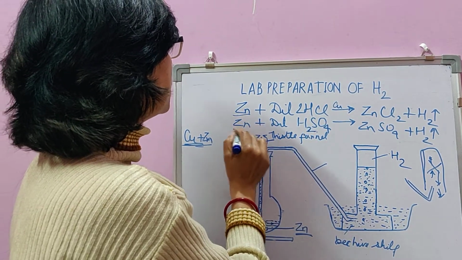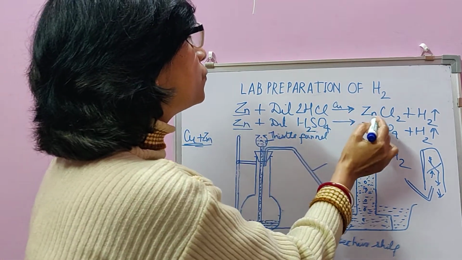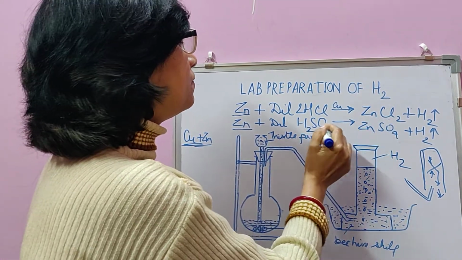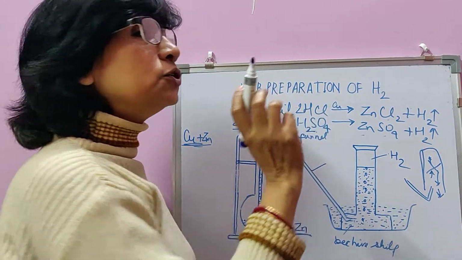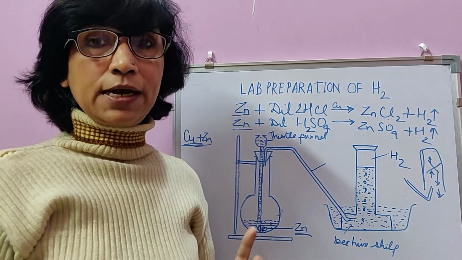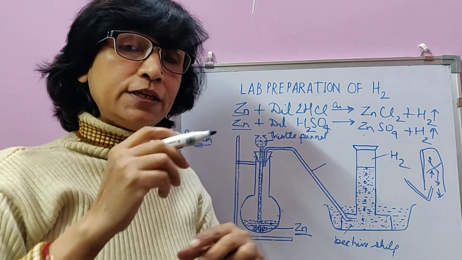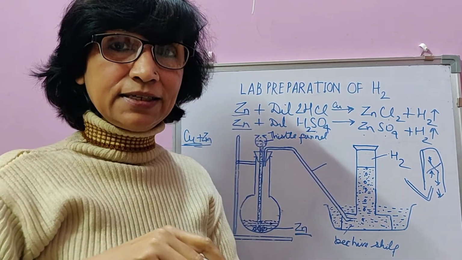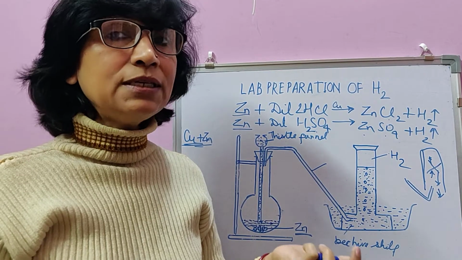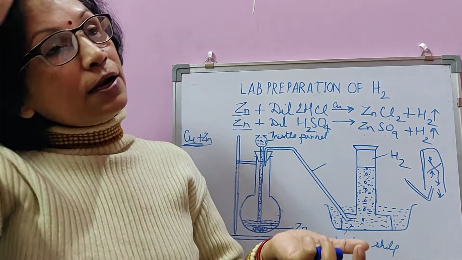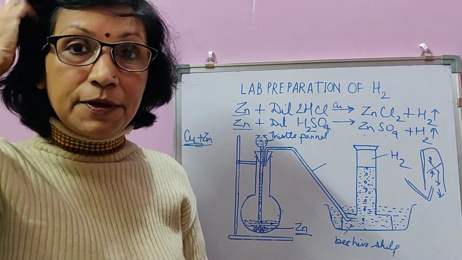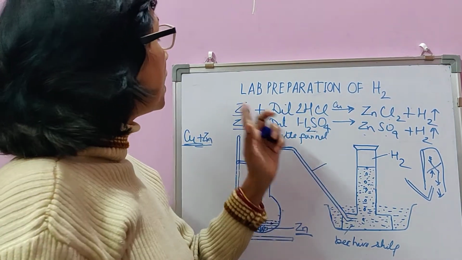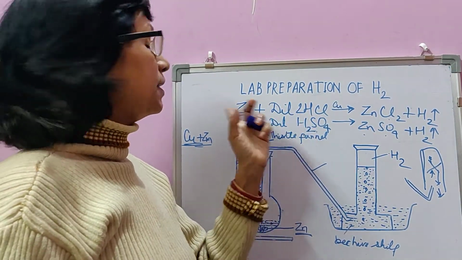Suppose it was not zinc but lead over here, then the salt will be lead chloride, and with sulfuric acid, lead sulfate. Both lead chloride and lead sulfate are insoluble and form a coating over the lead, and the rate of reaction first decreases and then ceases, means stops. So none of the metals is as suitable for this purpose as zinc.